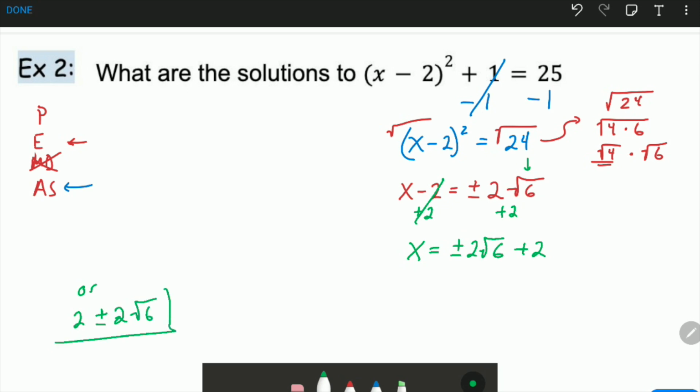Most likely, if it was a multiple choice answer, that's how you would see it written, with the number without the radical coming first. But both are correct. You can also write in the two separate cases, 2 plus 2 radical 6 and 2 minus 2 radical 6. That's also acceptable as well. There's a number of ways you can express this final answer.